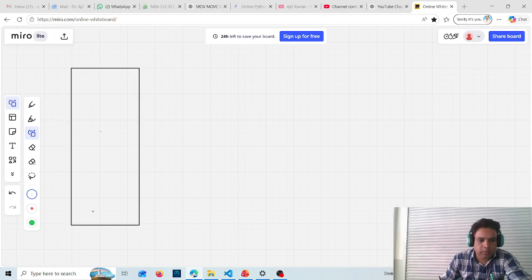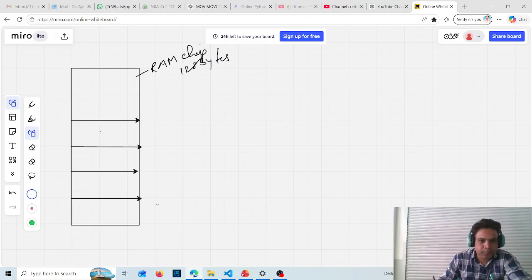So let's say this is our RAM chip, which is 128 bytes in capacity. And we discussed that we have a total of four register banks here. Let's say this is register bank 0, this is register bank 1, this is register bank 2, and this is register bank 3.